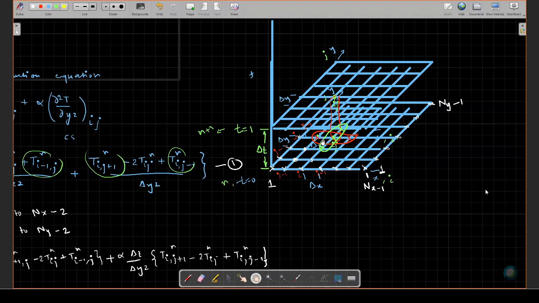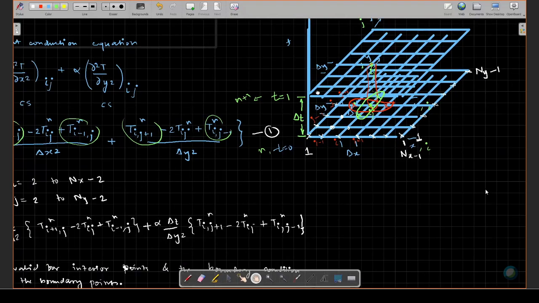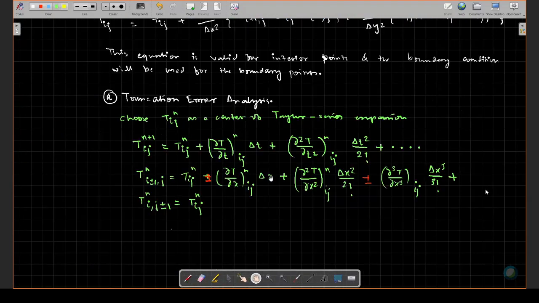Sometimes it may happen that delta x1 and delta x2 may be different, but in this case we are considering that the other delta x is also the same. That is the thing we have to understand. Only in that case are you simply writing delta x, otherwise you will have to write differently. For i plus 1 j we have to write the whole expression with that delta x, and for i minus 1 j with delta x1 or delta x2, like that. Remember this, understand this.